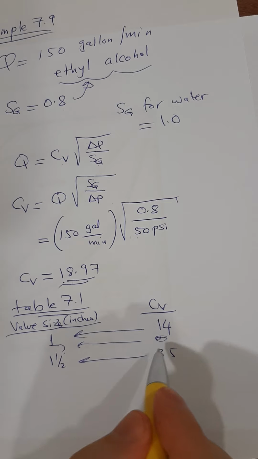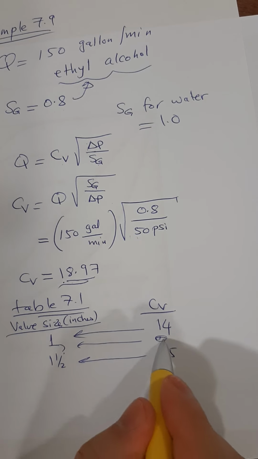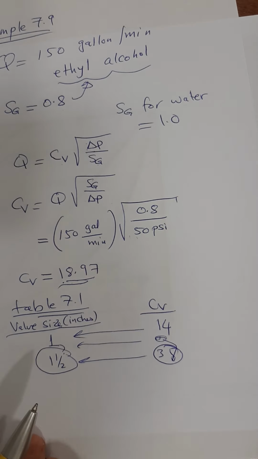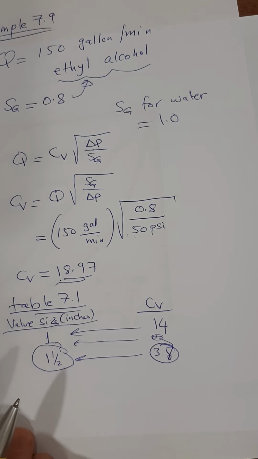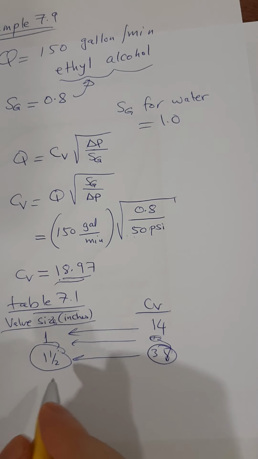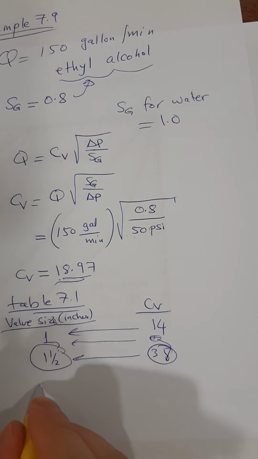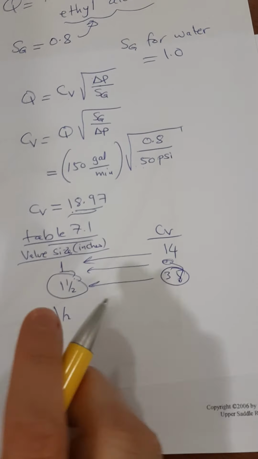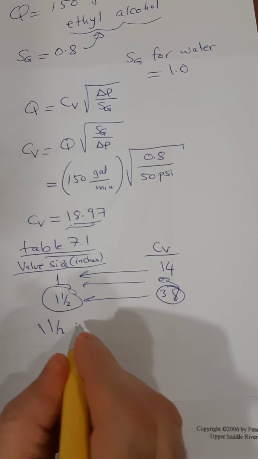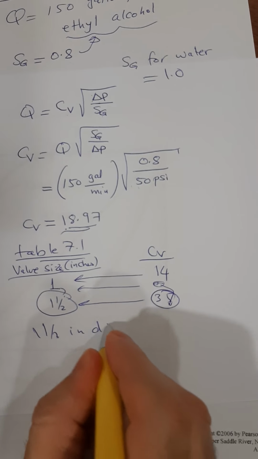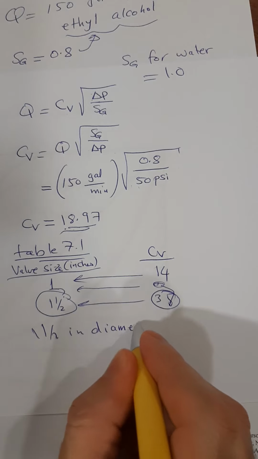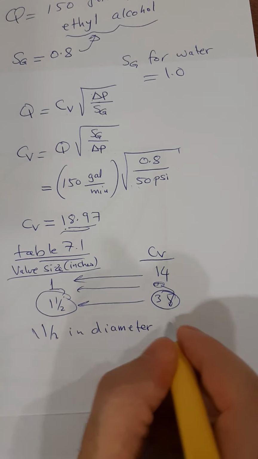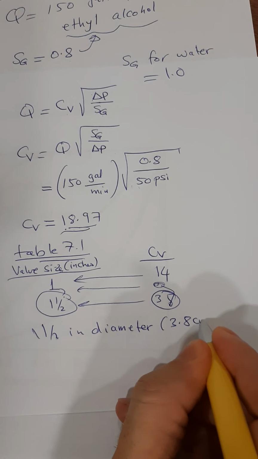Usually we select the larger value, so we select this one. So the proper size for the control valve is a valve with 1 1/2 inch diameter, which is equal to 3.8 centimeters.